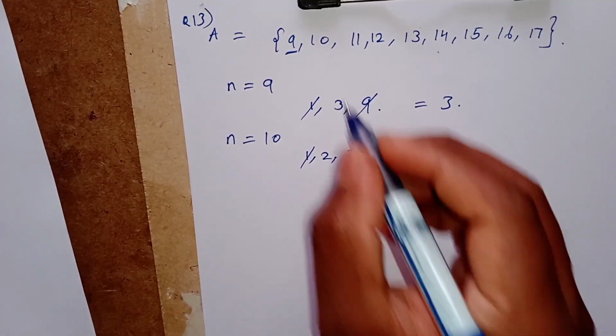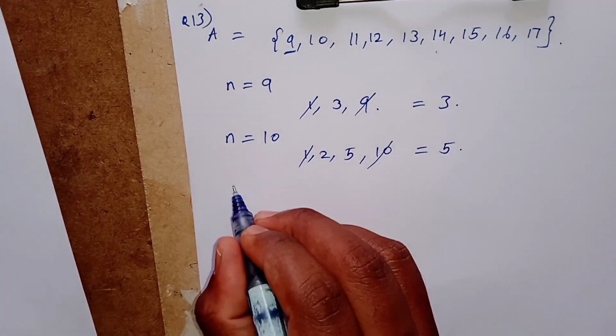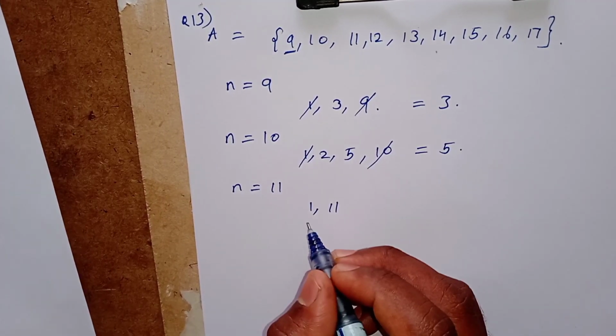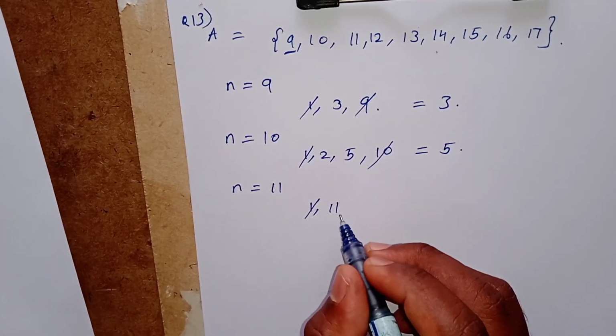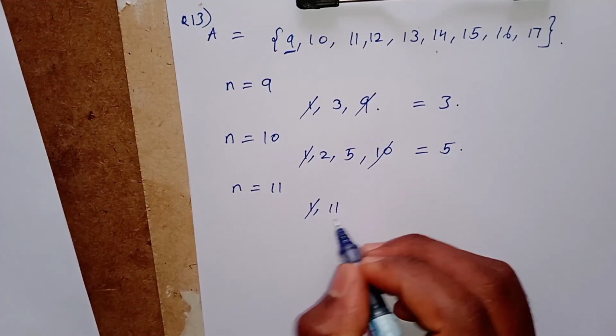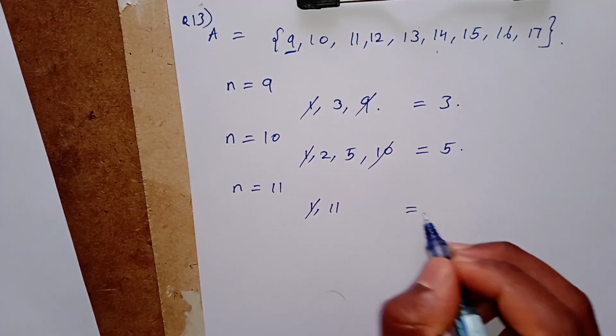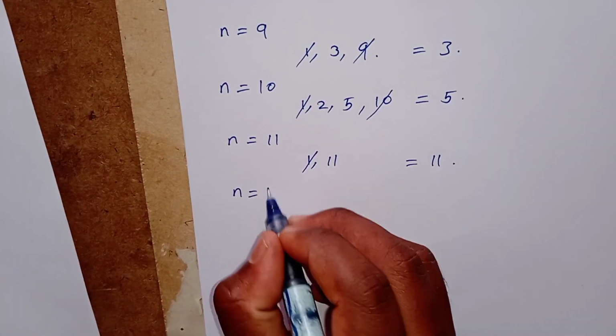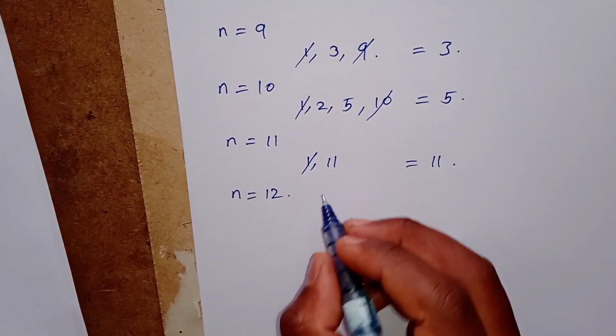Next, n equal to 11. 1 and 11 are my factors. Now 11 is a prime number. Here there is only one prime number, therefore it is the highest prime number. Next, n equal to 12.